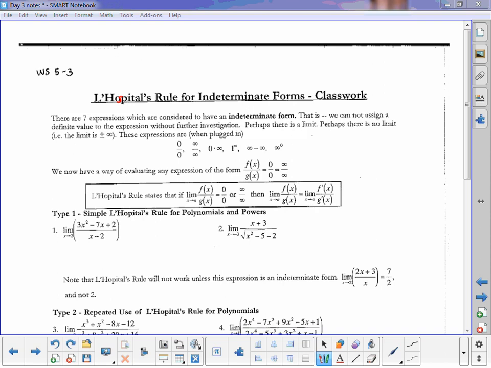Alright, so we've talked about indeterminate form before. And this is where when you do direct substitution, you don't get a straightforward answer. And sometimes it requires us to do more work where we had to consider end behavior models. Sometimes we had to just consider, all right, which function grew faster than the other.